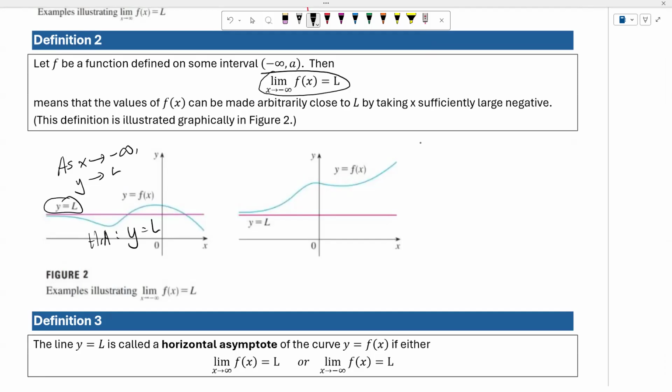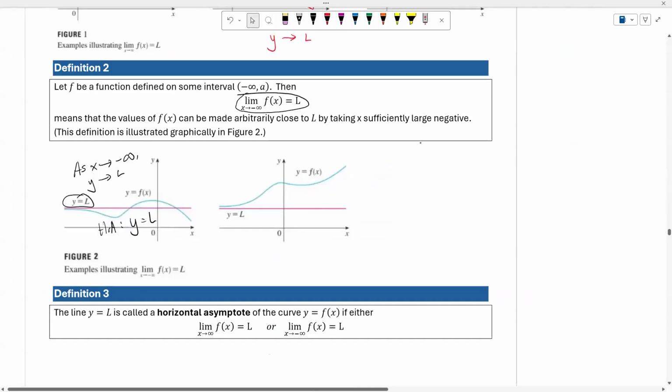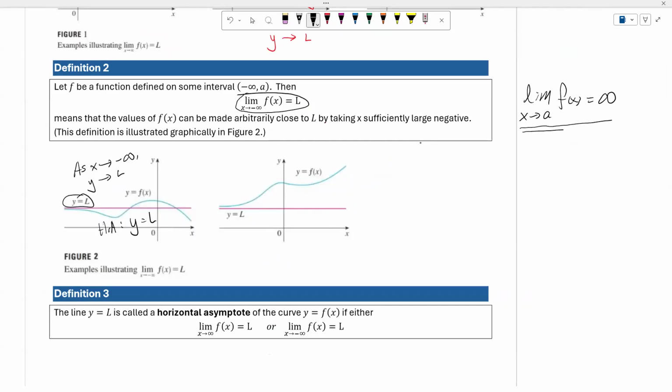Now, a lot of students are confused between this one and the lecture that we had last time. In that one, the limit does not exist, but it tells us the behavior of the function when x gets closer and closer to a from the left or from the right: the output of the function goes to infinity.